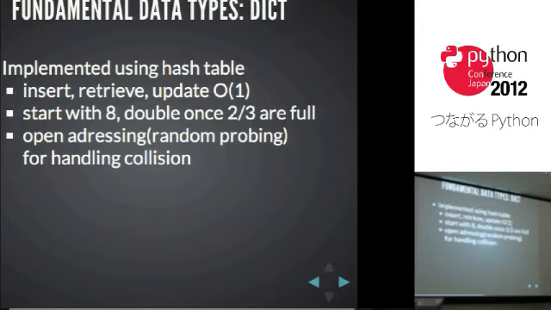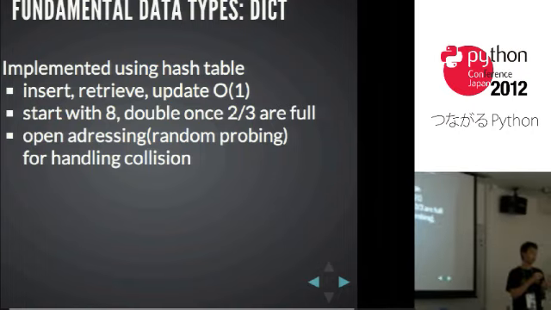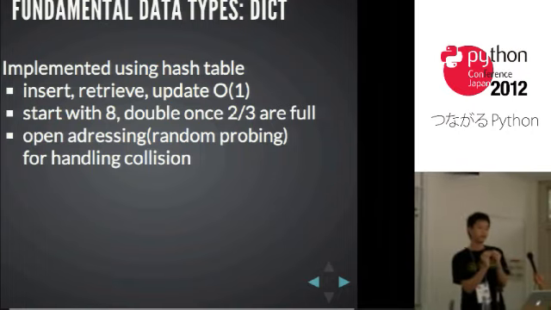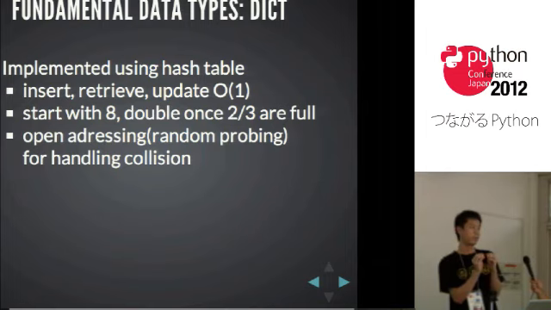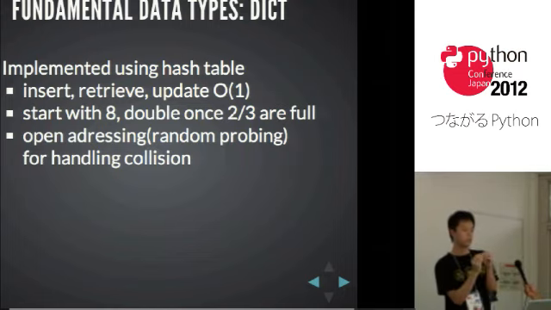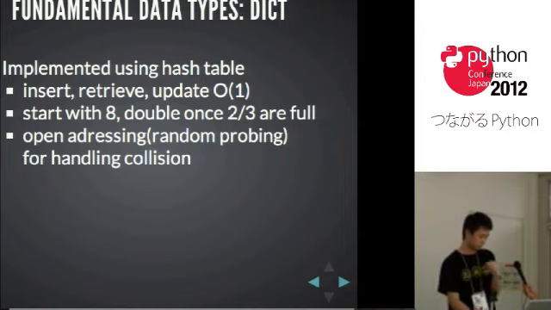One is chaining, which is when you compute the hash value and you find there's already a collision there, you just append it to the list. So you have an array of n buckets, and each bucket is a linked list, and you just keep adding to the linked list when you have a collision.